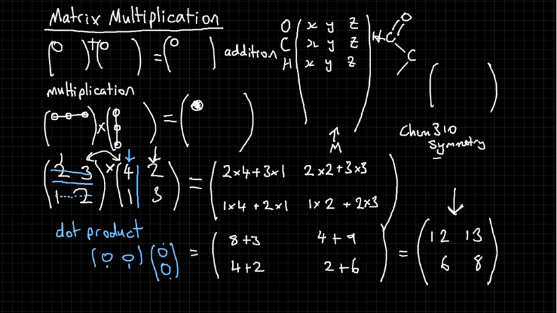And you'll later see that symmetry is very, very useful, because it allows you to see whether the integral or the sum of two functions will actually give you a zero. So it means that you can simplify the maths quite a lot. But we'll get back to that later. So that's just an introduction to matrix multiplication.